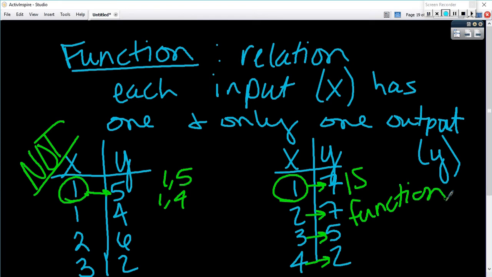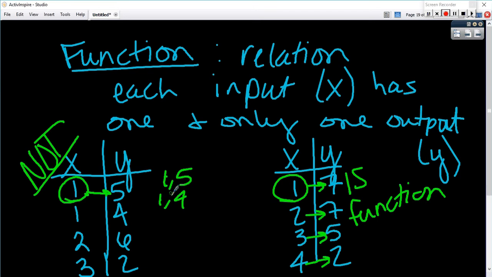So the x is what can't repeat. You see? You can't have different y's for the same x. See how this x is the same here? You can't have two different y's for the same x.